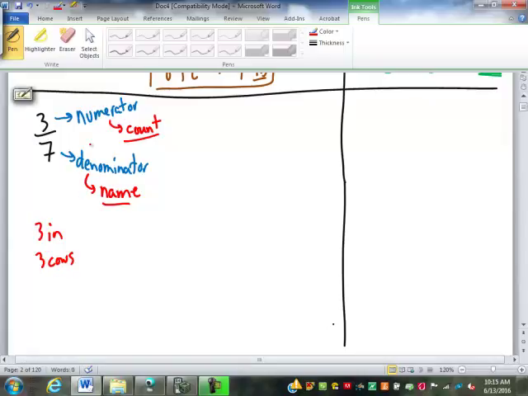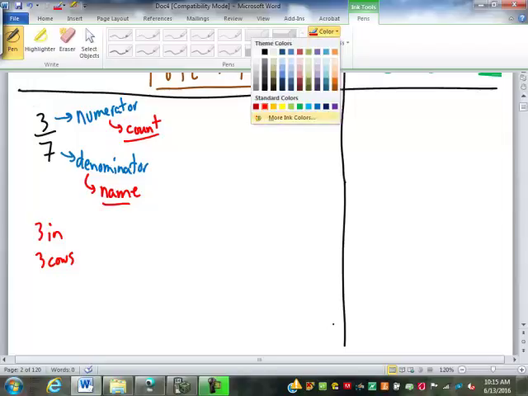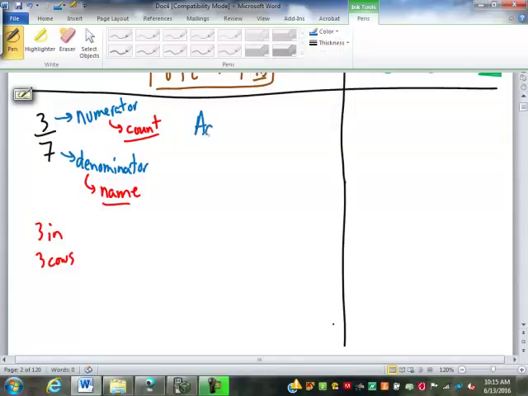Here we have 3/7. Now when we add numbers, remember there's 2 things. One, we must have what? The same name.